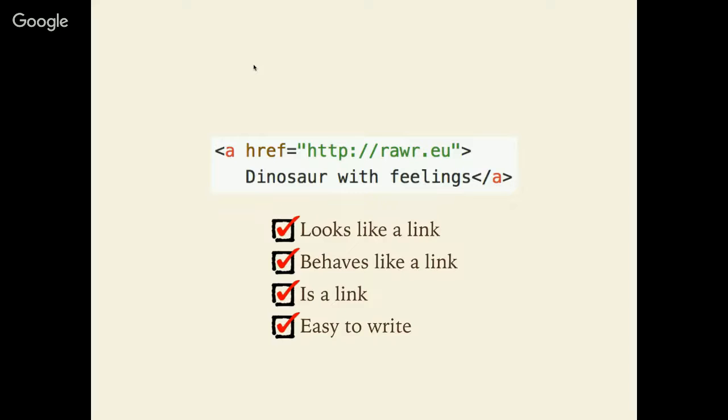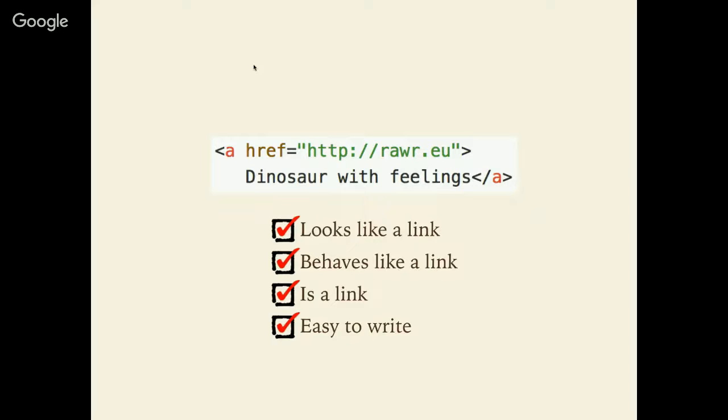The current code looks like a link because we use the anchor element, and the browser will style it like a link, even if we don't apply any additional CSS to it. It behaves as a link. We can click it, and we can right-click it, opening a new tab or new window or whatever.